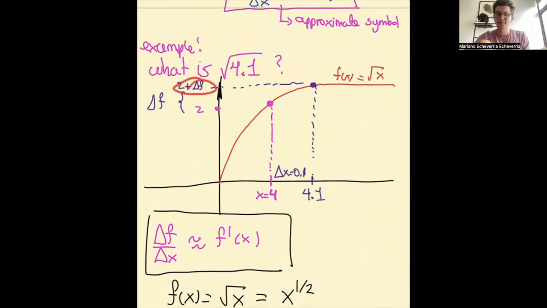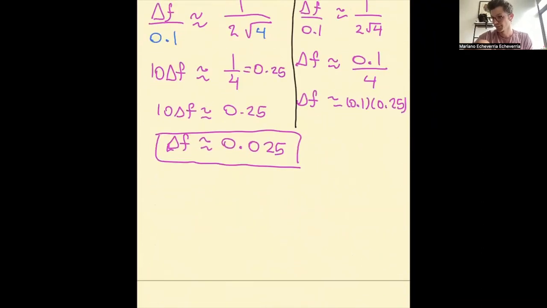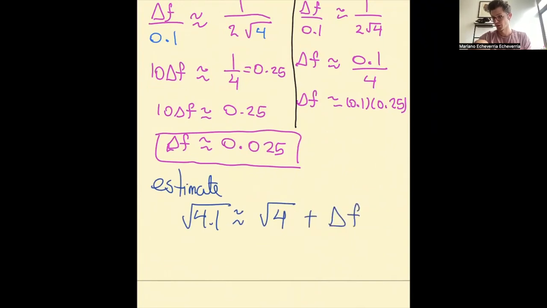So our estimate for the square root of 4.1 is just 2 plus that increase. So our estimate is that the square root of 4.1 is approximated by the square root of 4 plus delta f, which is 2 plus 0.025.